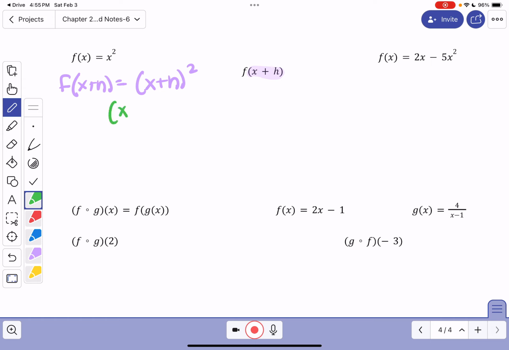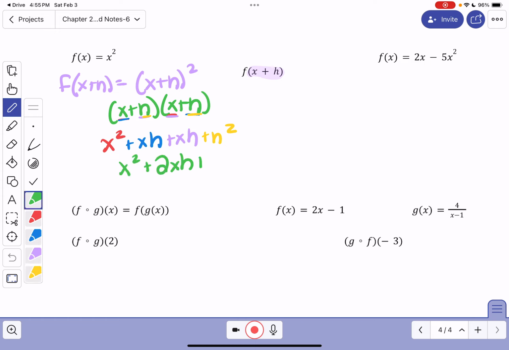To square a binomial means we have 2 of them. So we would FOIL, first times first, outside times outside, inside times inside, last times last, and then combine like terms. So we have 2 of the xh term. That's as reduced as I can get that one.